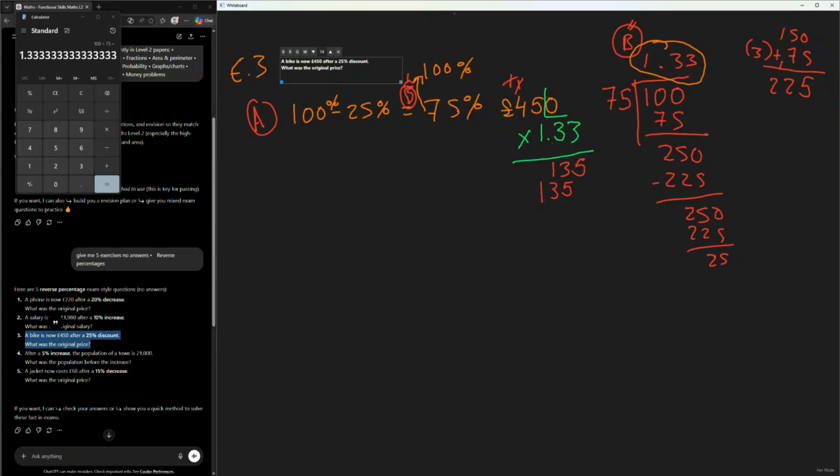Then is 45 here, because 1 times 45 is 45.